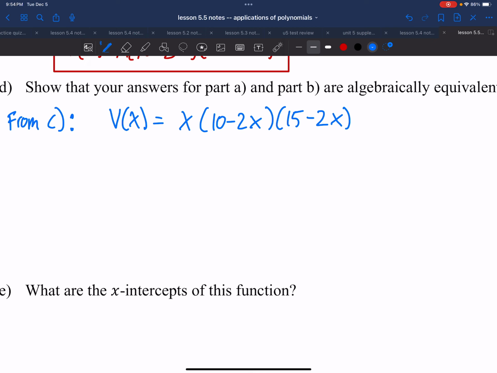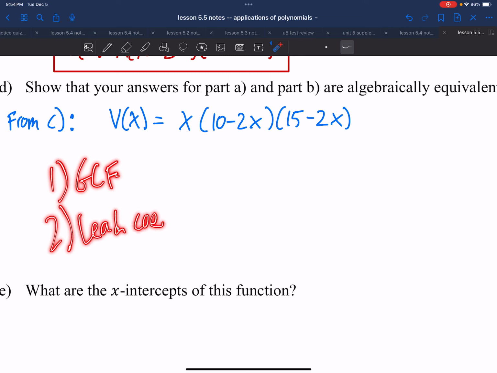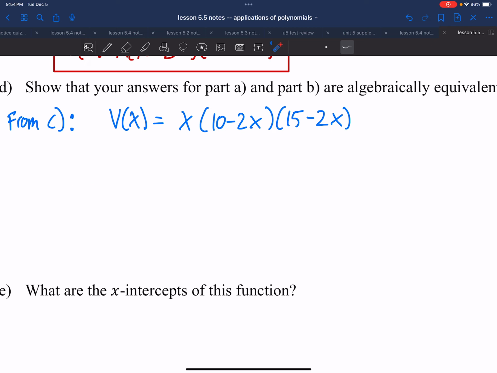I mean, you have it in a sort of factored form, but two things to keep in mind. One, GCF. Is there a greatest common factor you can take out? Two, is the lead coefficient of each factor positive? So that's two things to consider because we would prefer, if it's 5 minus x, to write that as negative x minus 5.